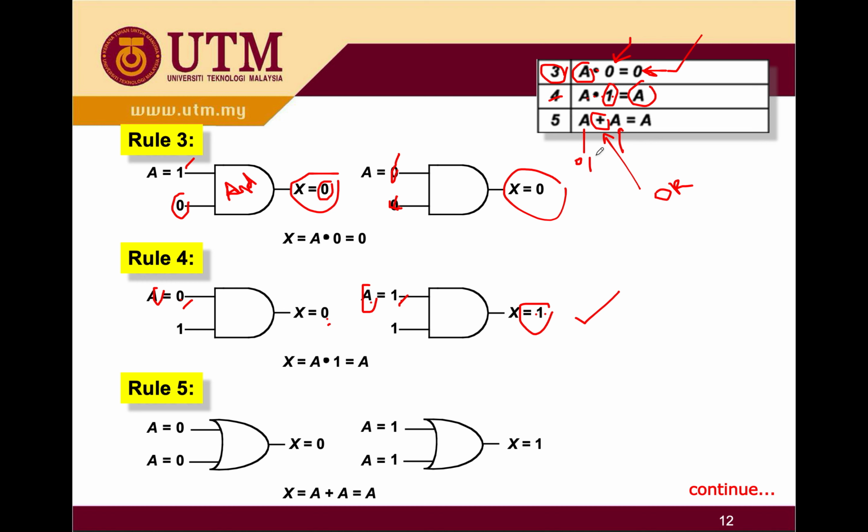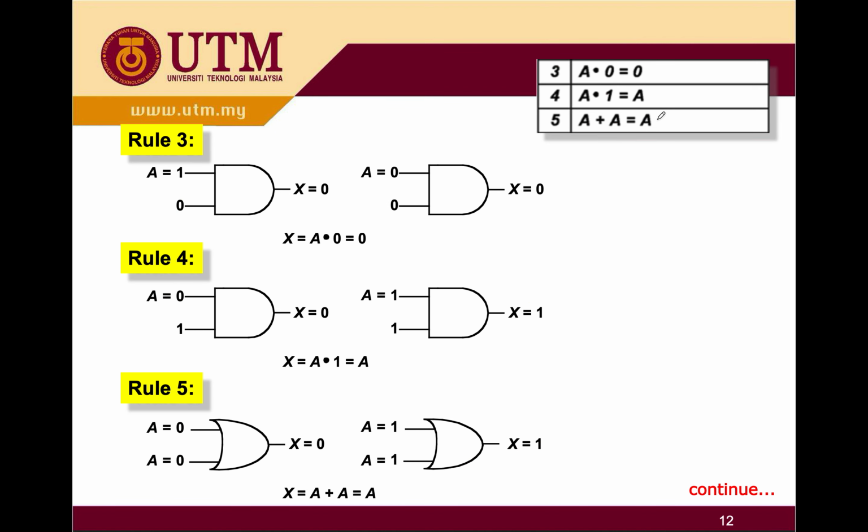So similar also here. If A is 0, the other A will also be 0 because it's the same variable, right? So 0 0, you will get the output as 0, and then 1 1, you will get the output as 1. So you can see your output is similar to your input A. That's why A plus A is also equal to A.